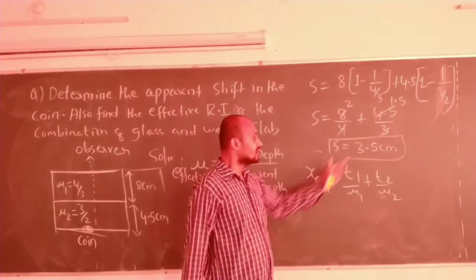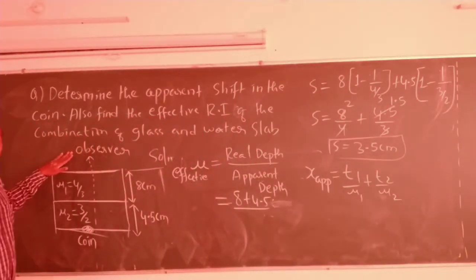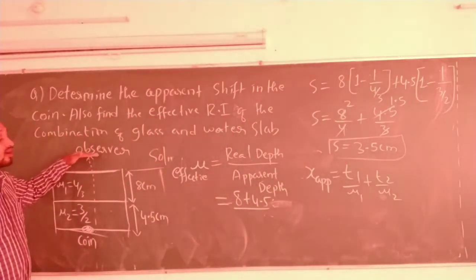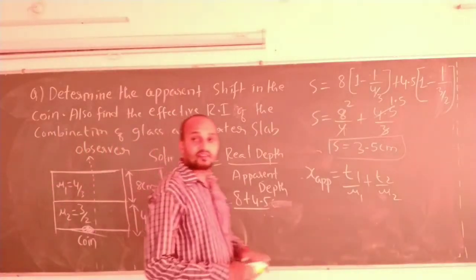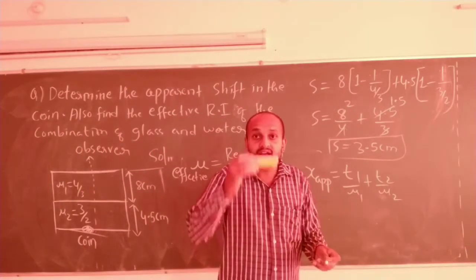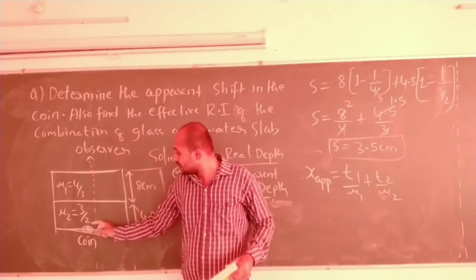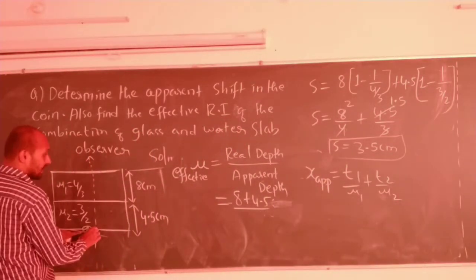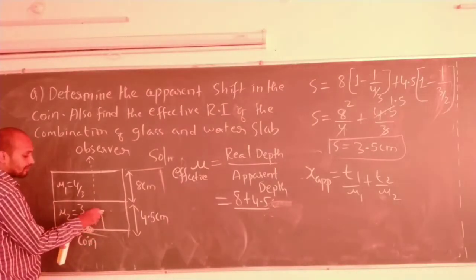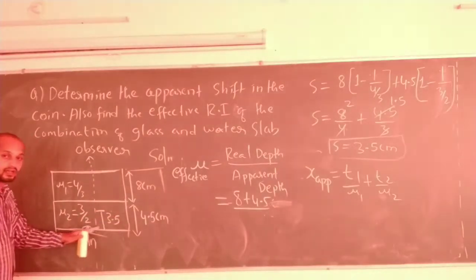Since the observer is seeing this point from denser to rarer, the coin will look upward because he is in the rarer medium. So the coin was here, and a 3.5 centimeter shift is happening here. Correct now?